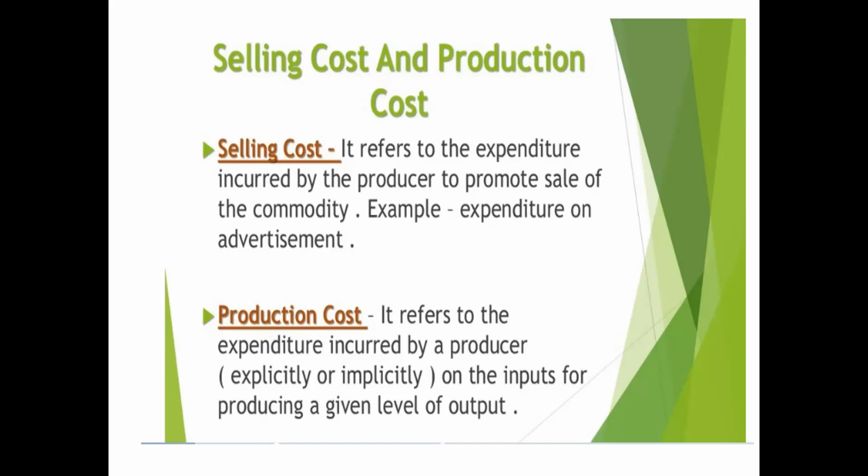Then the production cost. The production cost means the costs which are related with the product, right? That may be the cost to produce that particular good or services: the material cost, then the direct expenditures, direct production cost, raw materials, then the direct labor cost, direct other variable costs.